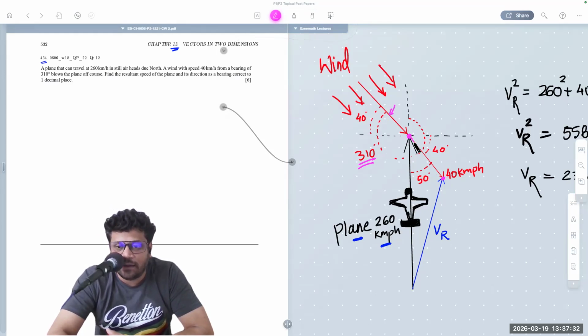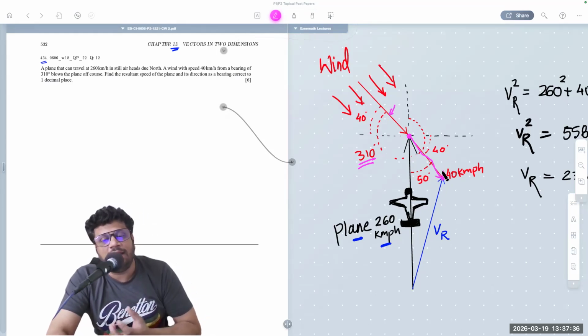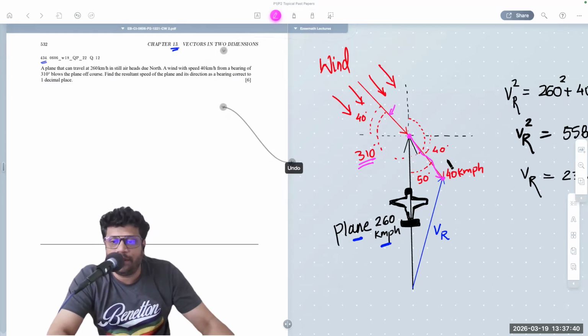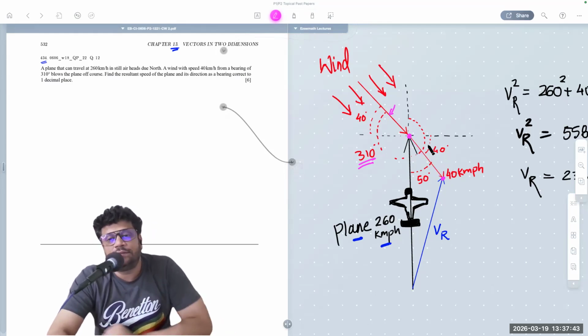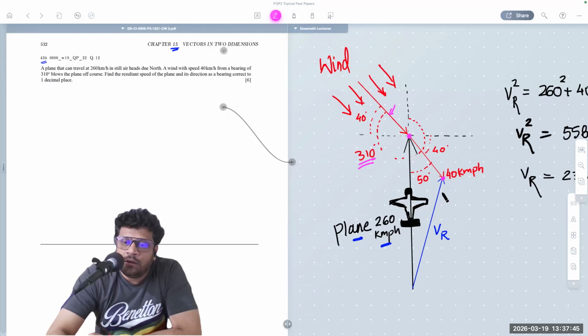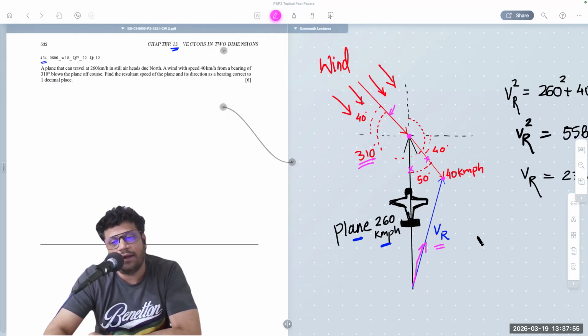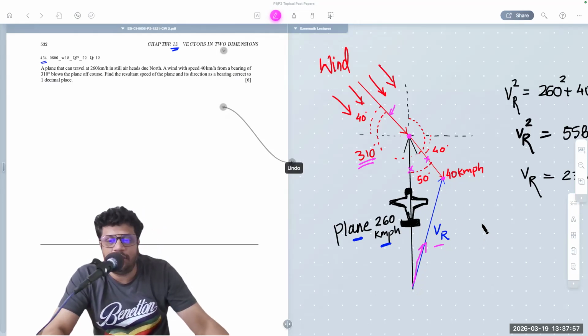So these vectors are aligned in a way I can use the triangle law of vector addition. Because of these two vectors, one from the plane and one from the wind, the plane actually ends up along this direction. That's VR, the resultant velocity.